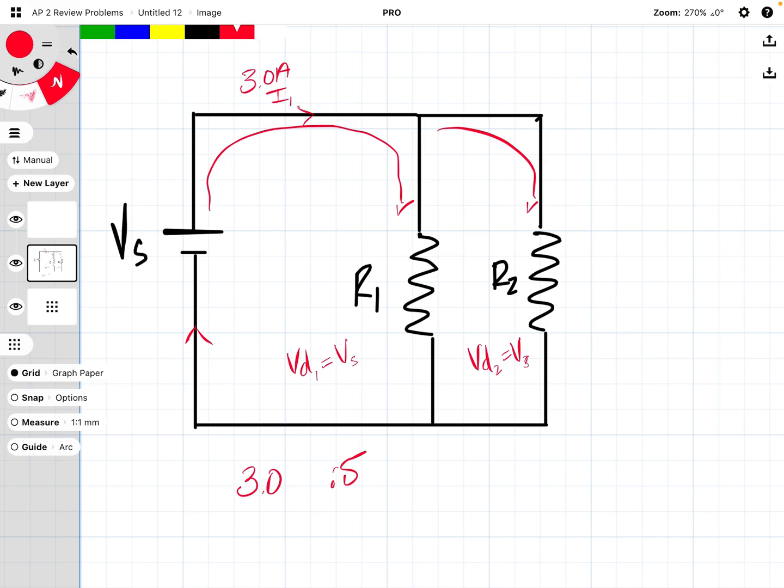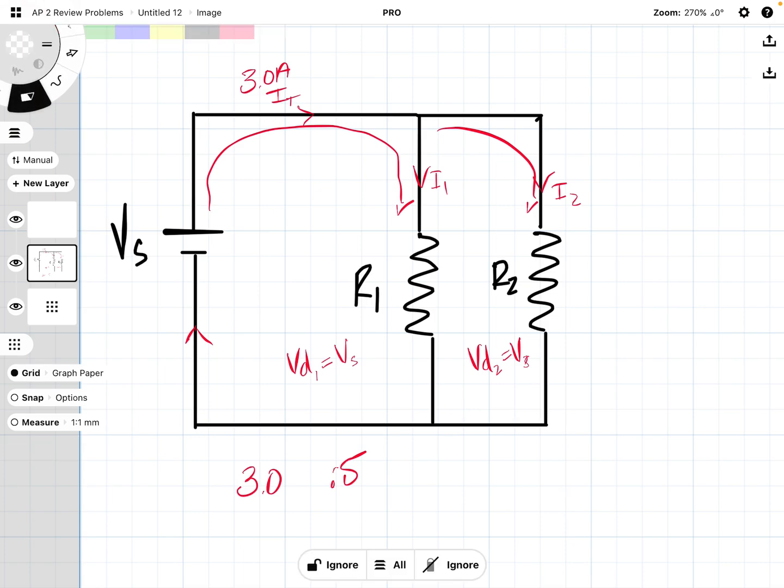Excuse me, I should write this as IT, and we'll say this is I1 and this is I2. So IT is going to be the sum of I1 and I2. Unless there's a short, unless something crazy is going on, I1 cannot equal the total if I2 has any current, and neither one of them can be greater than the total. So that's the first important thing to remember, as well as the voltage drops being equal.